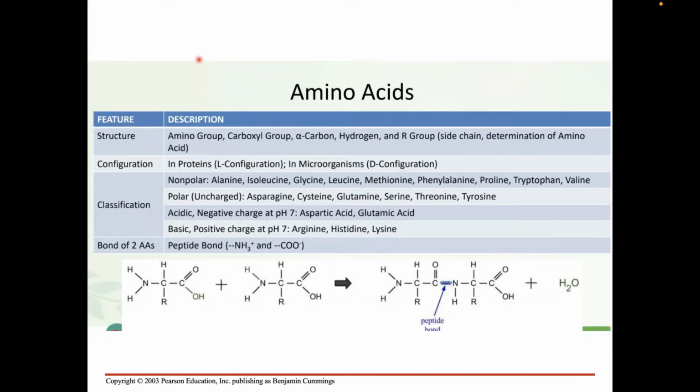So kung yung mga non-polar nyo, ito yung mga examples ng mga amino acids na yun. Pag polar naman, pag mga acidic naman na amino acids, and then the positive charge or the basic amino acids, ito sila. So tatandaan, ano yung mga basic or positive charges, yung mga amino acid na merong positive charges, yun yung mga lysine, arginine, and histidine.